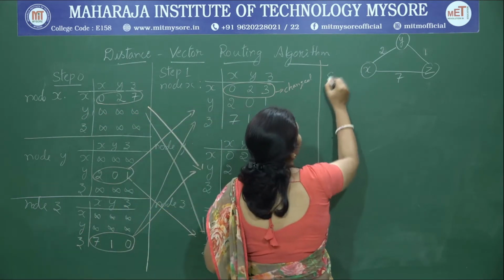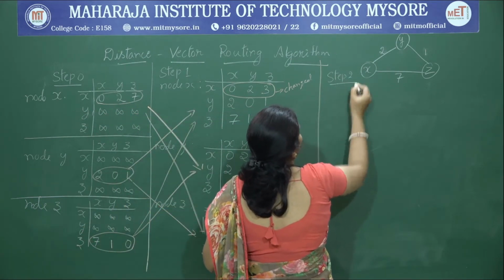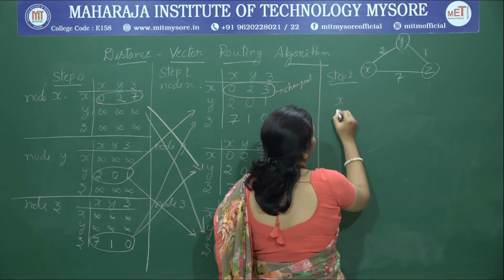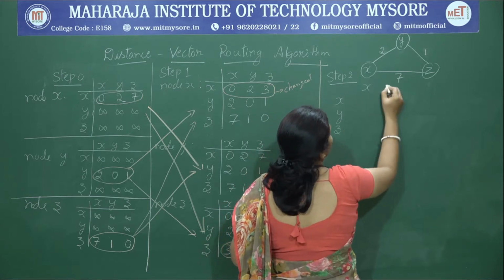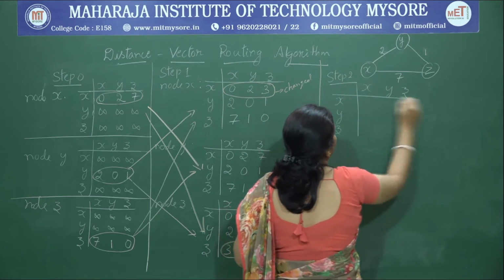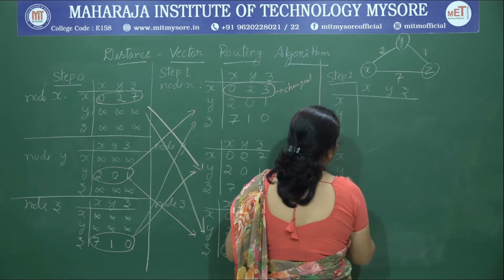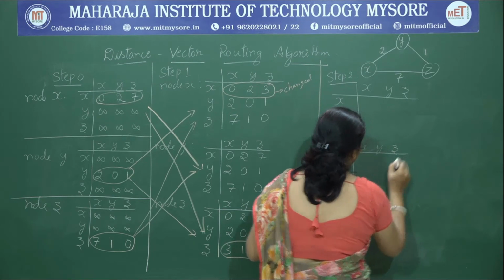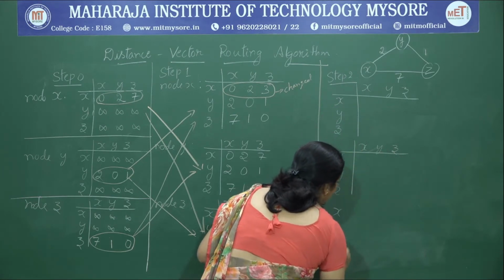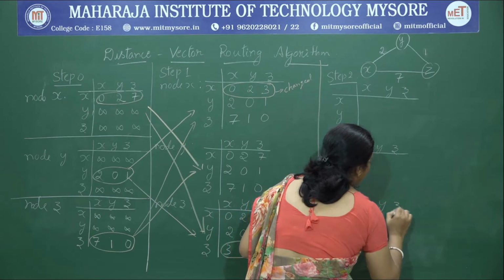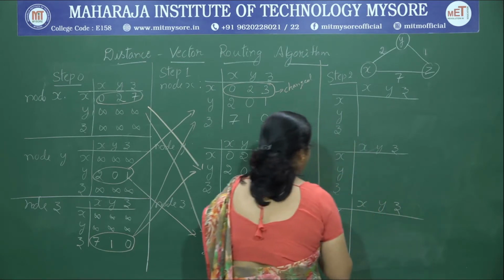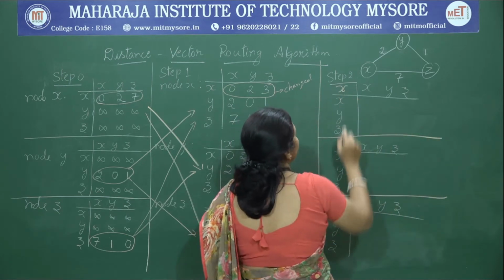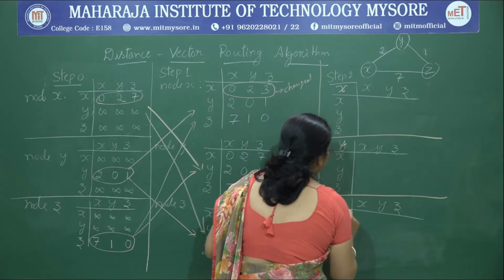Here again we have the distance vectors for x, y and z. This is for x, this is for y and this is for z.